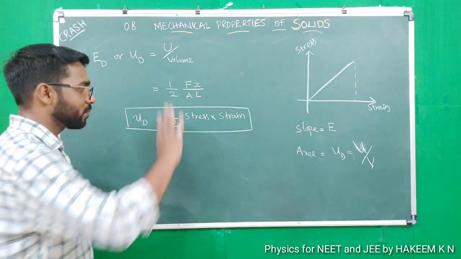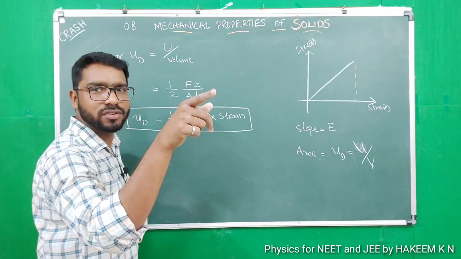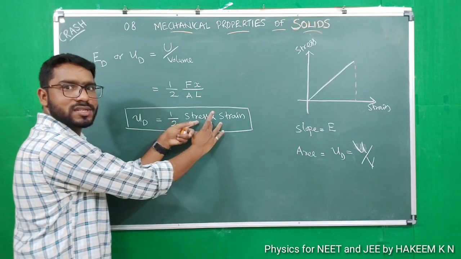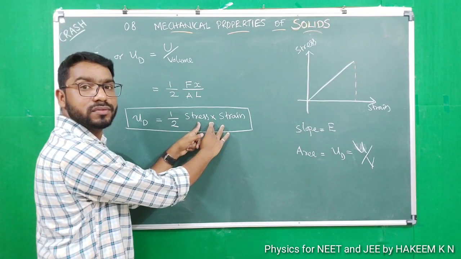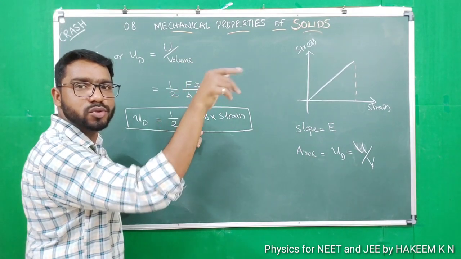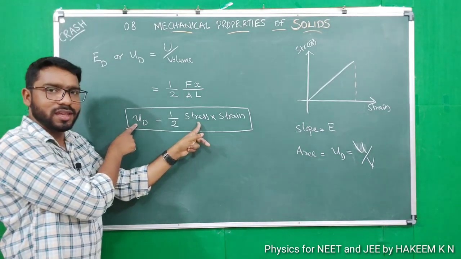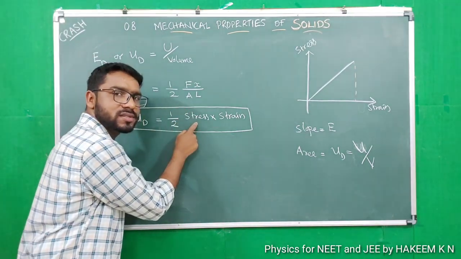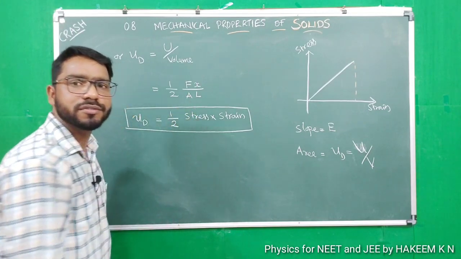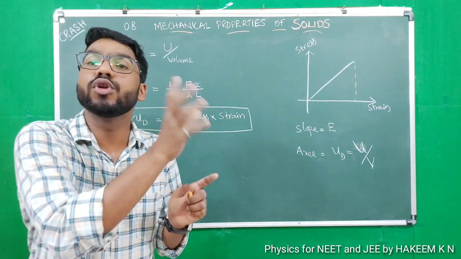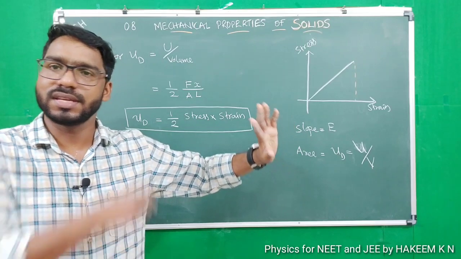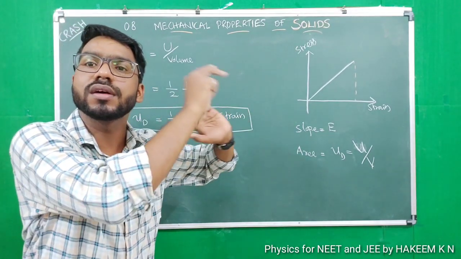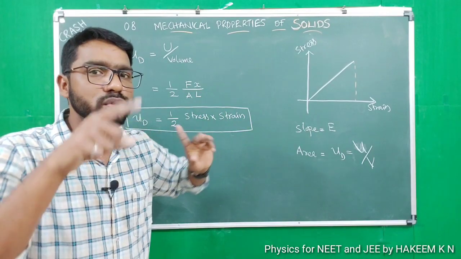Now listen here, right? Strain has no unit, no dimension. Stress has unit and dimension: force by area, Newton per meter square or Pascal. Energy density has the same unit and dimensional formula as stress. Like that, modulus of elasticity is stress by strain. Young's modulus, bulk modulus, rigidity modulus, all are stress by strain, and strain has no unit and dimension.